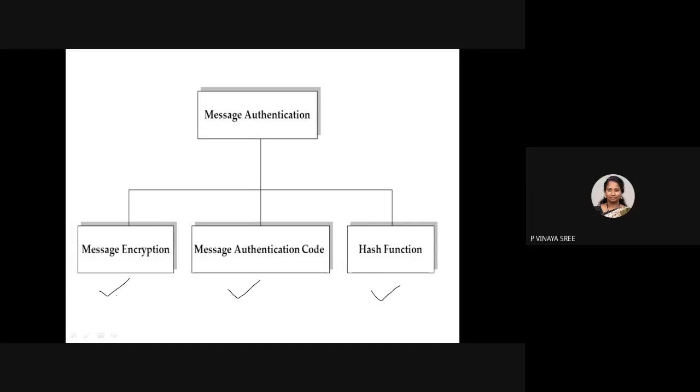This we already discussed in yesterday's class, that message encryption will be of two types: symmetric and asymmetric. In symmetric, we studied confidentiality using the same key. If this key is known between a sender and receiver, that indicates those are authorized persons.